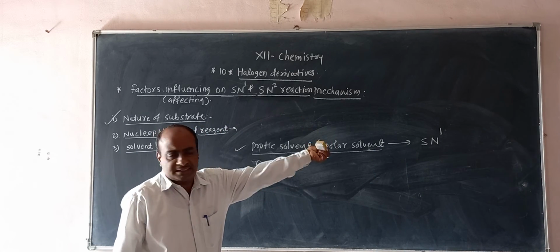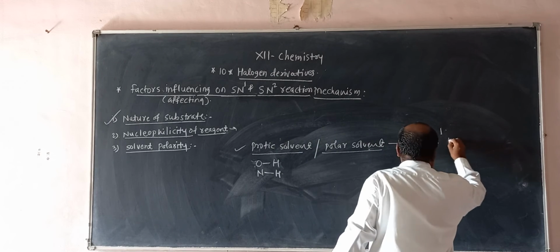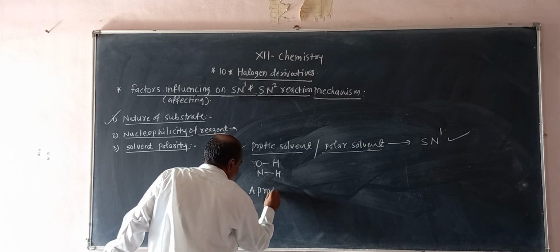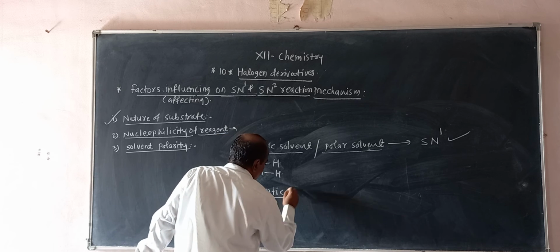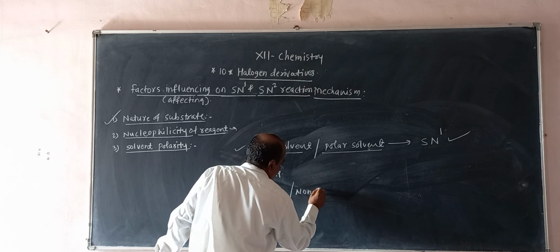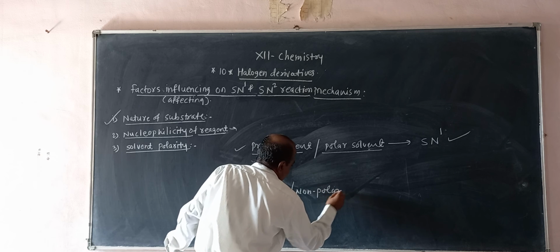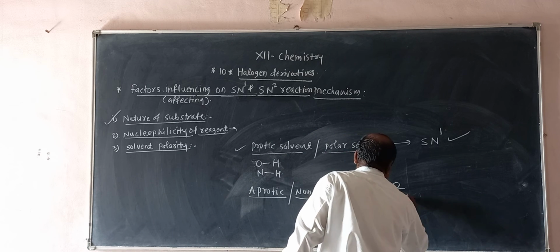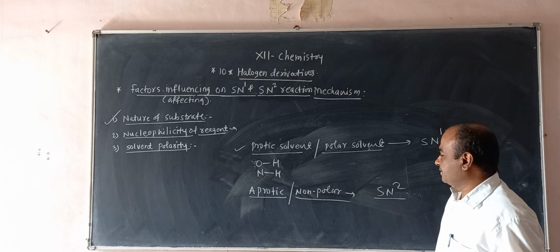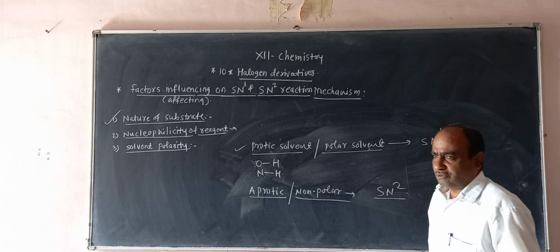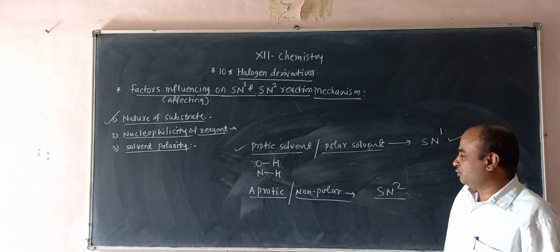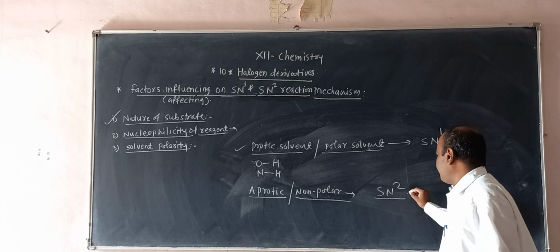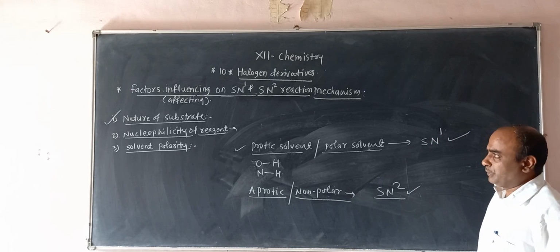These are favored by the SN1 reaction, whereas aprotic solvents or non-polar solvents are favored by the SN2 reaction. Aprotic or non-polar solvents, which cannot be dissociated or ionized, are favored by the SN2 reaction.